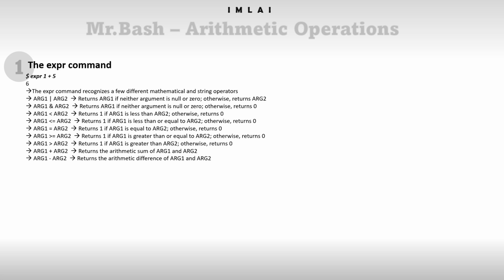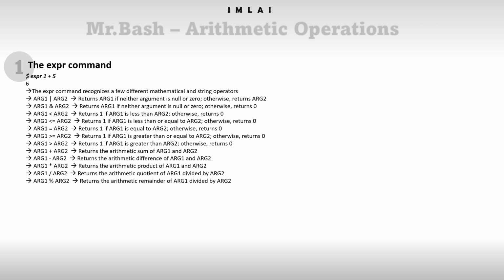Whereas argument 1 minus argument 2 returns the arithmetic difference of argument 1 and argument 2. Argument 1 asterisk argument 2 returns the arithmetic product of argument 1 and 2. And if you use a forward slash operator, then it returns the arithmetic quotient.